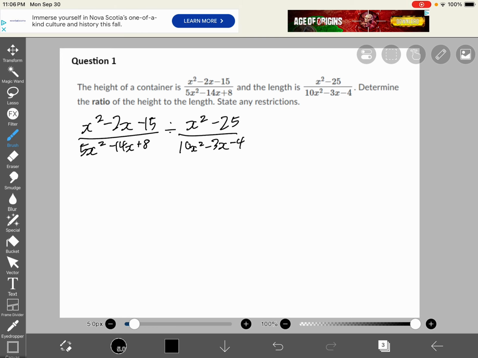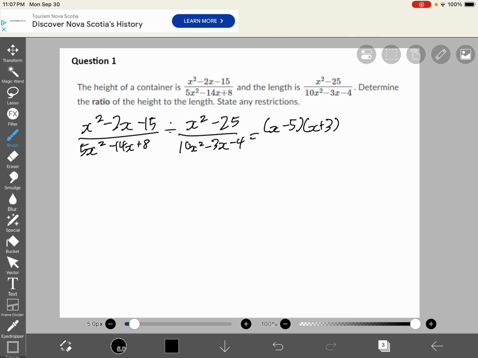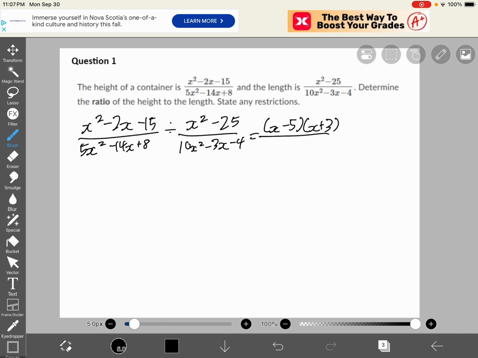next we factor the expressions into x minus 5 and x plus 3 for the first one, because plus 3x minus 5x equals minus 2x, and minus 5 times plus 3 equals minus 15.